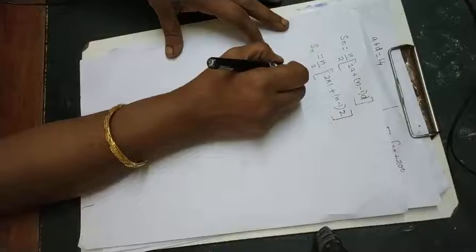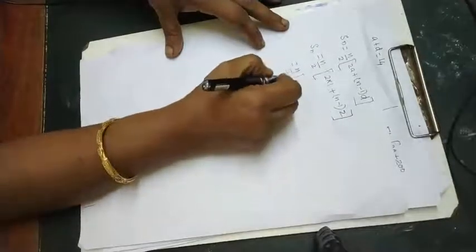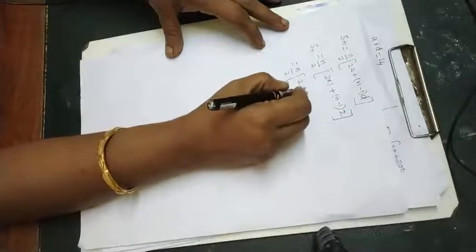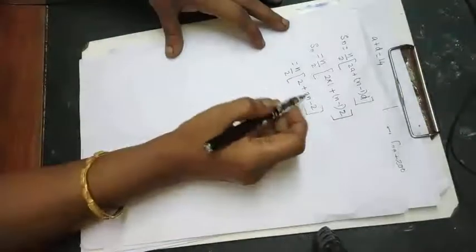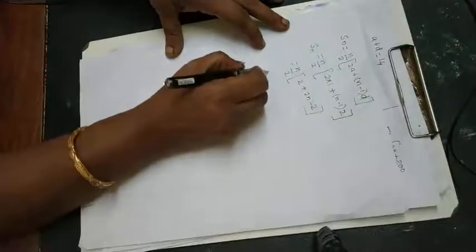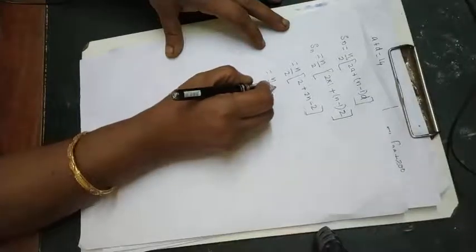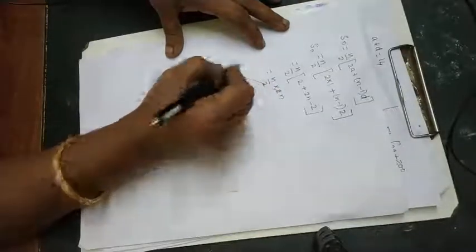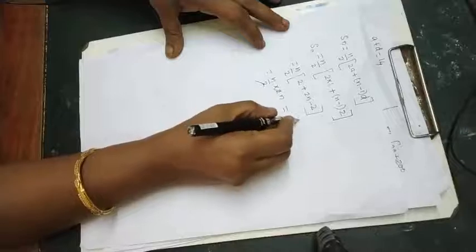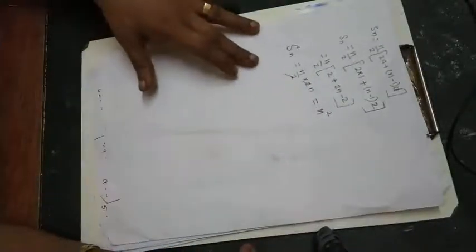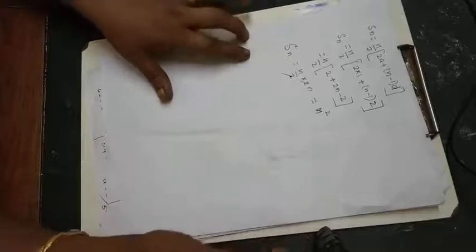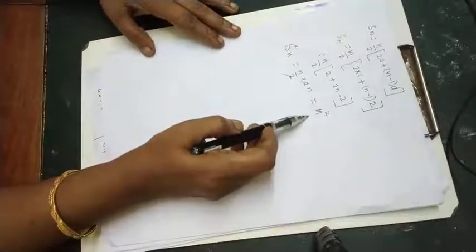So it will be n by 2 into 2 plus 2n minus 2, so that 2 and 2 will get cancelled. So n by 2 into 2n, that 2 also will get cancelled, it will be n square. So Sn will be equal to n square. Okay, the sum of n terms of that AP is n square.